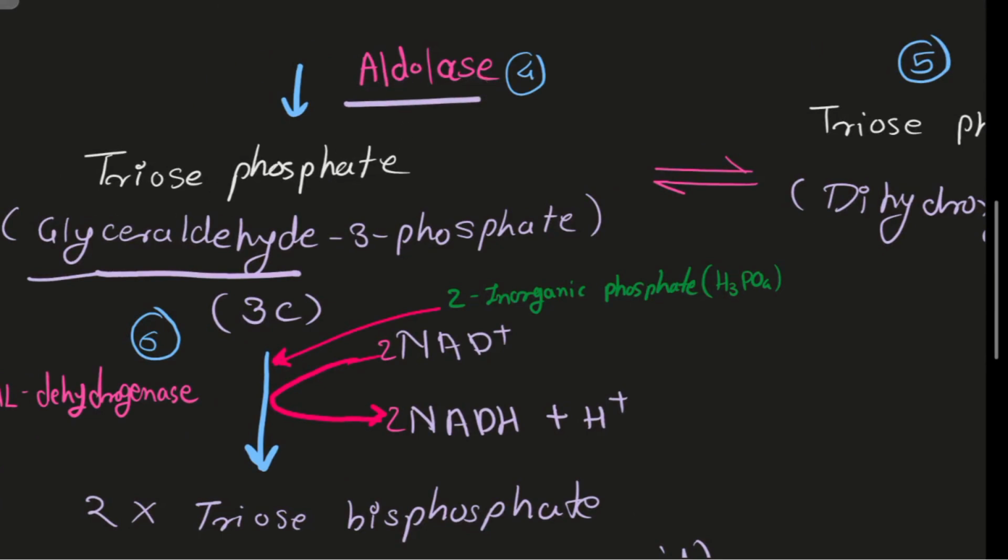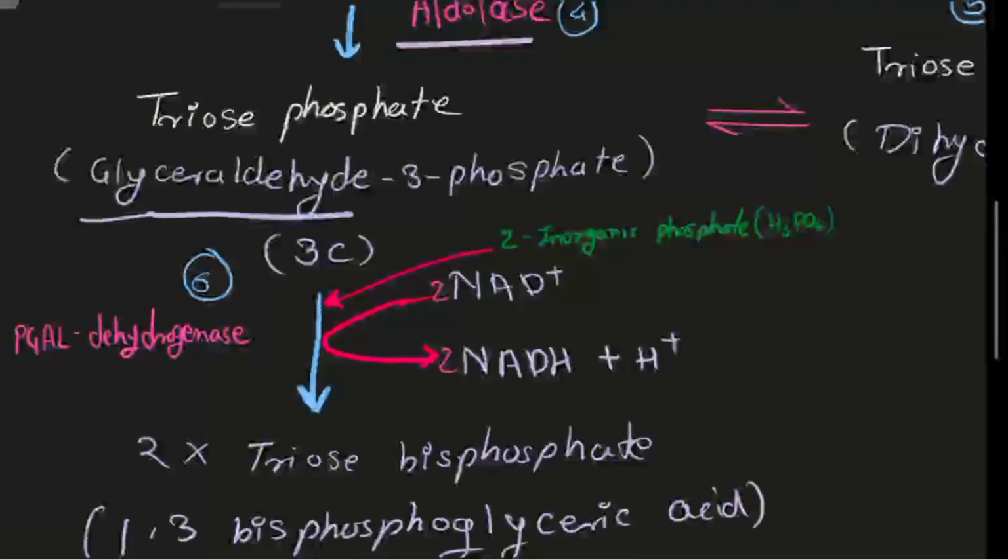Aldolase is the enzyme which breaks fructose 1,6-bisphosphate into these two compounds. Then for further reaction, dihydroxyacetone phosphate is converted into glyceraldehyde 3-phosphate.